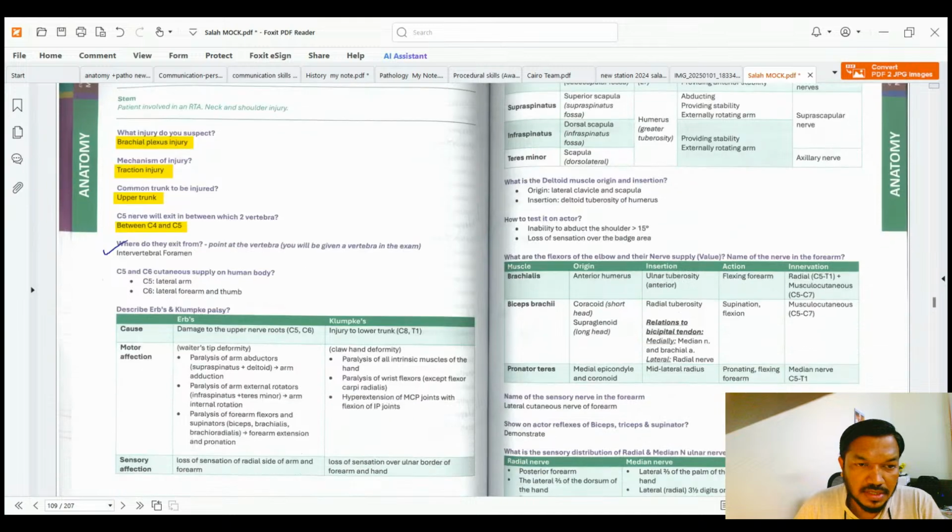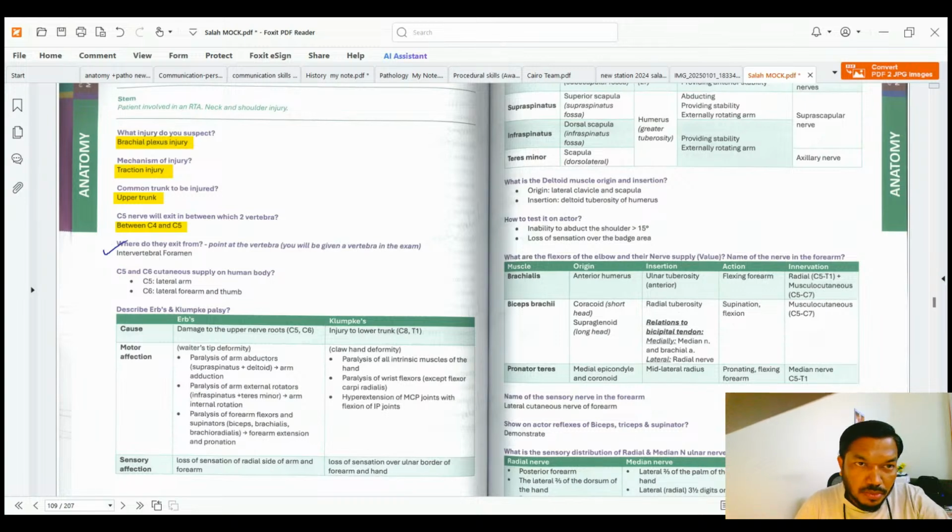Describe Erb's palsy and Klumpke's palsy. Erb's palsy is due to damage to the upper nerve roots, cervical 5-6. Motor affection: waiter's tip deformity. Paralysis of the arm abductors, so the arm will be adducted; paralysis of the arm external rotators, so the arm will be internally rotated; paralysis of the forearm flexors and supinators, so the forearm will be extended and pronated.